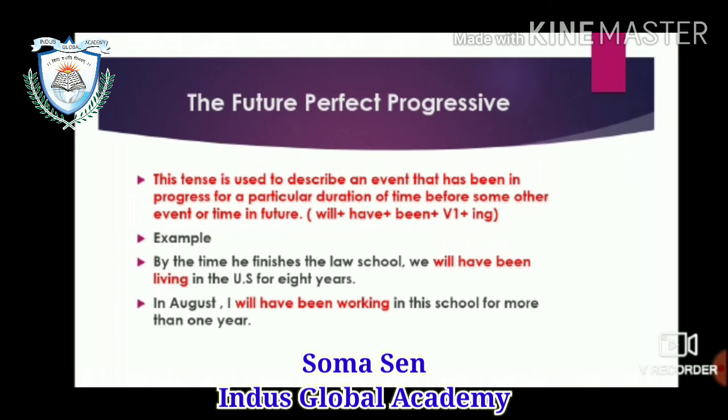So, my first action is what? I will have been working. Means I am working in the school, nobody is asking me to leave the school. Neither I am also willing to leave the school. I will continue. So, I will have been working in this school till I reach August, or by August, or in August, I will have completed more than 1 year.